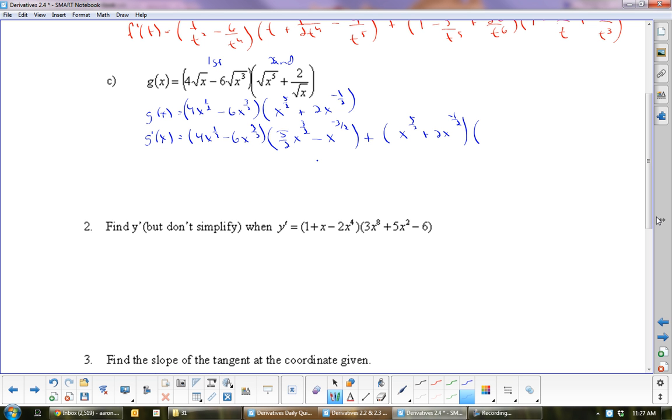So now we're doing second times the derivative of the first, which would be 2x to the negative a half minus 9 times x to the 1/2.